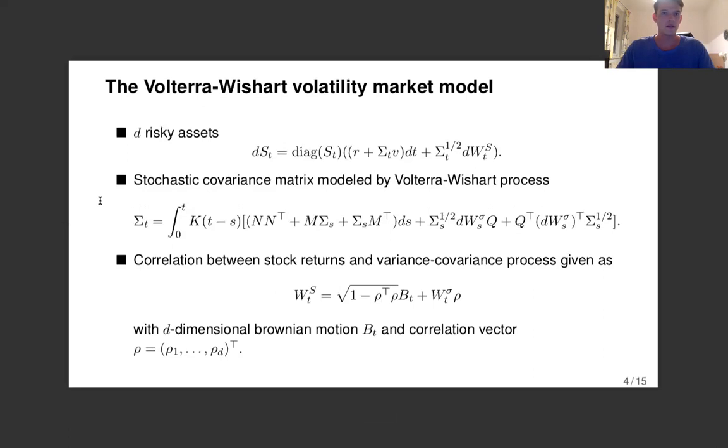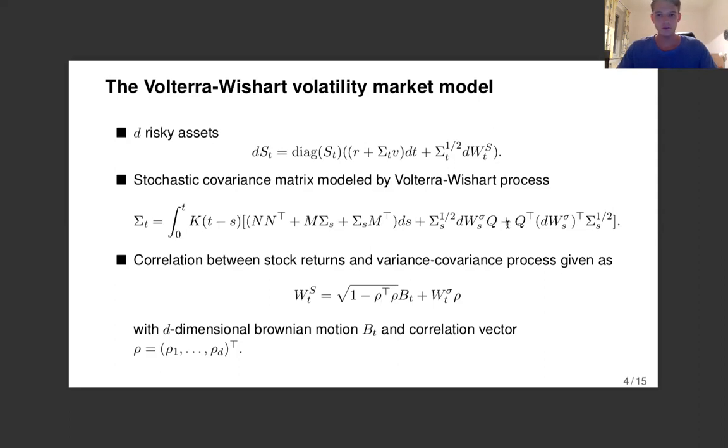So the Volterra Wishart volatility model we use for our calculations looks the following. The volatility process is here matrix valued. So this is a variance-covariance process. Again, the kernel K is responsible for the roughness of our model. And the matrix M in the drift determines the mean reversion.